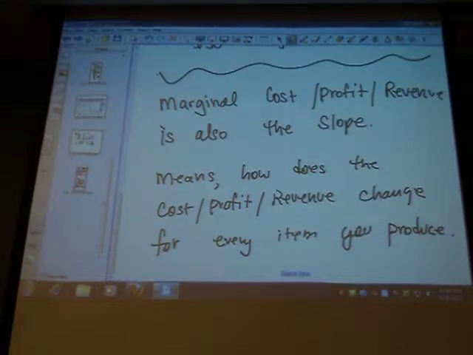If marginal cost was $30, then every item individually cost me $30 to produce. So if I increase my number of items by 1, my cost would go up $30. So when they're talking about marginal whatever, cost, profit, revenue, they are talking about the slope. They're talking about the rate of change of your cost, your profit, your revenue.